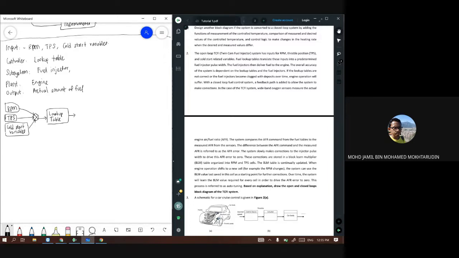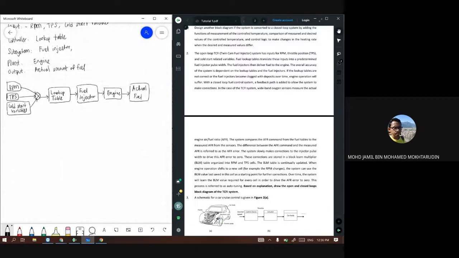And then from the lookup table, it will tell the fuel injector the amount of fuel needed to be supplied to the engine. Then we get the actual fuel. Okay, so this is the open loop system.